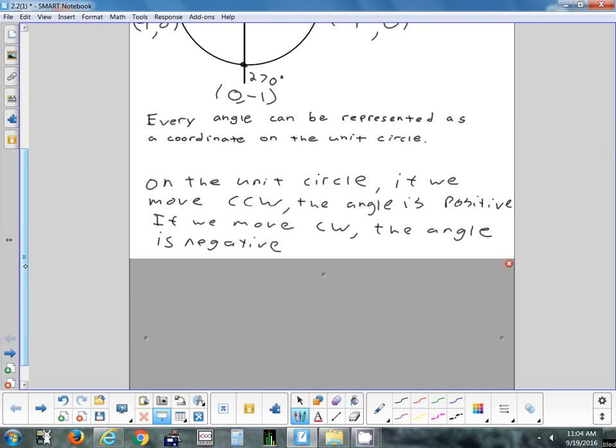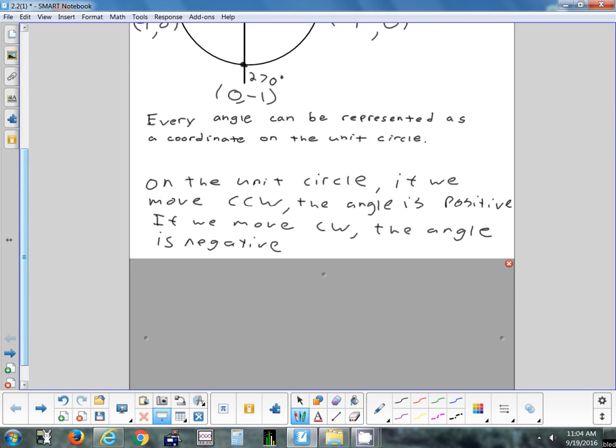As we measure angles on the circle, remember there are 2 different directions we can measure an angle in. We can measure clockwise and counterclockwise. If you measure an angle counterclockwise, that's positive. If you measure in the clockwise direction, that's negative.